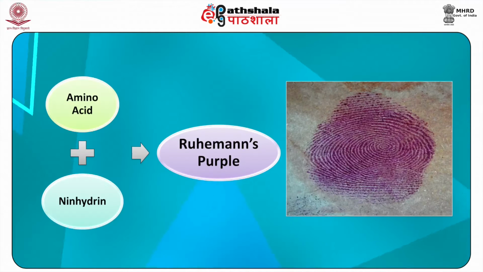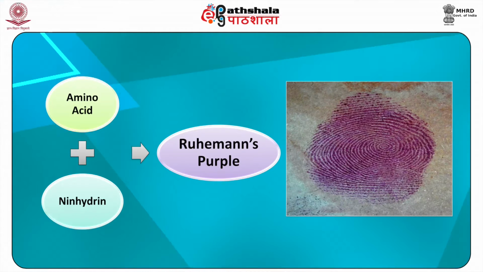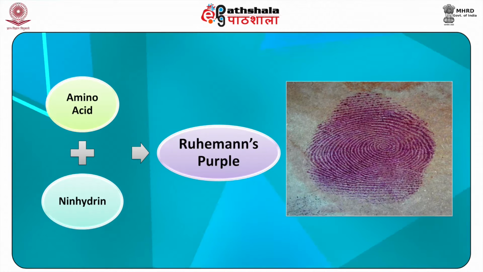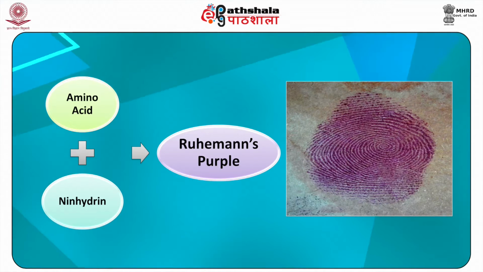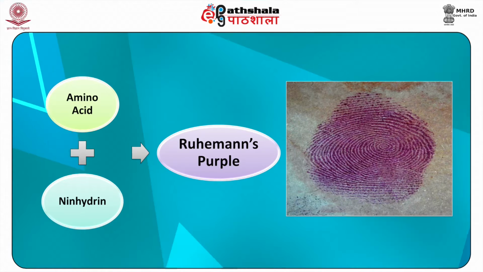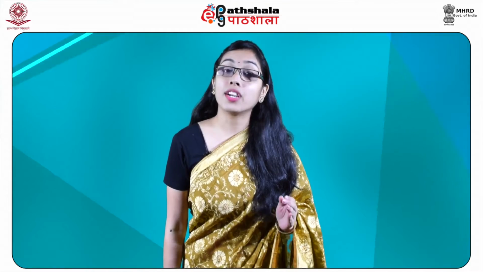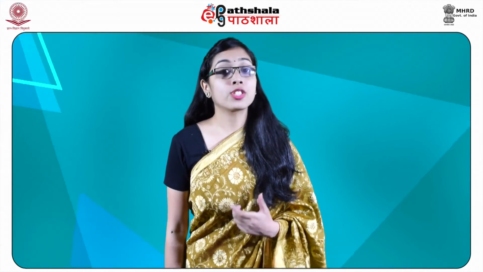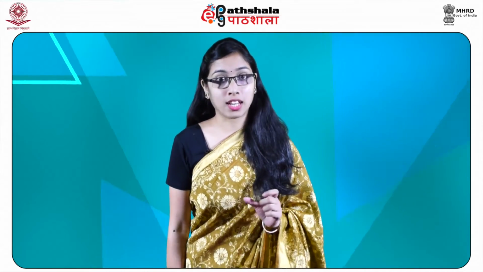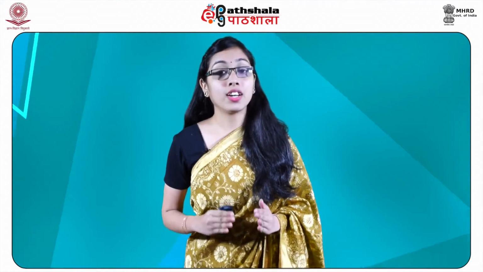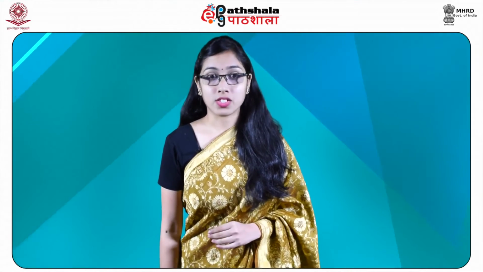A chemical reagent that readily reacts with the amino acids present in sweat, thereby resulting in the formation of a dark purple colored print, is ninhydrin, also known as Ruhemann's purple. Ninhydrin as a fingerprint development reagent was first proposed in 1954, and today it has become the most widely accepted technique for latent fingerprint development on paper surfaces.